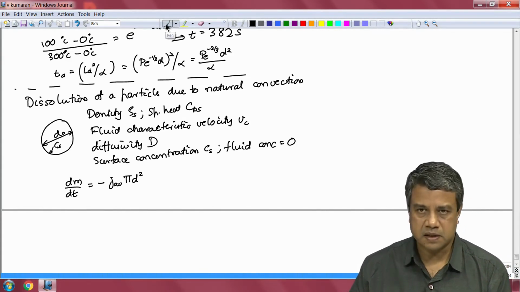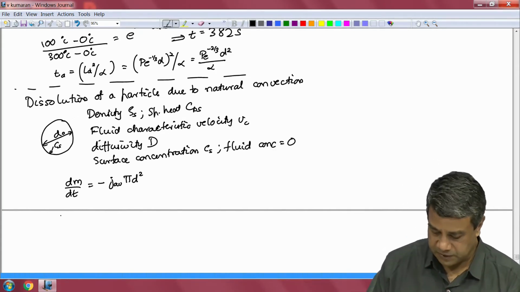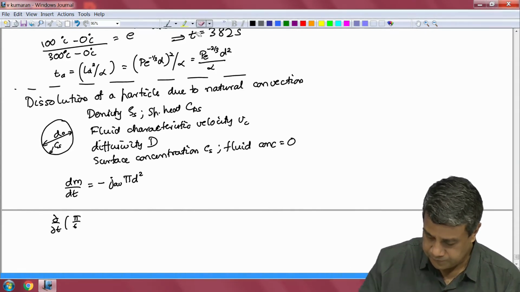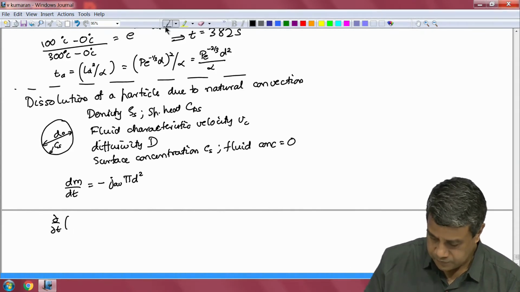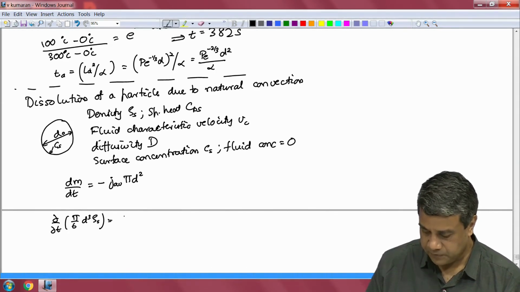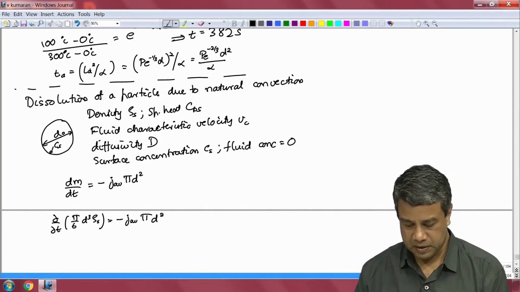But I will use a partial derivative here because I have to represent the change of diameter with respect to time. So, I will use d by dt of pi by 6 d cubed, rho of the solid, is equal to minus J average into pi d square.